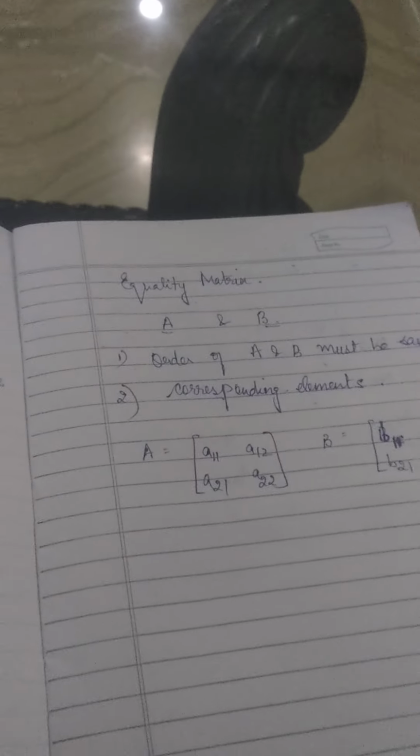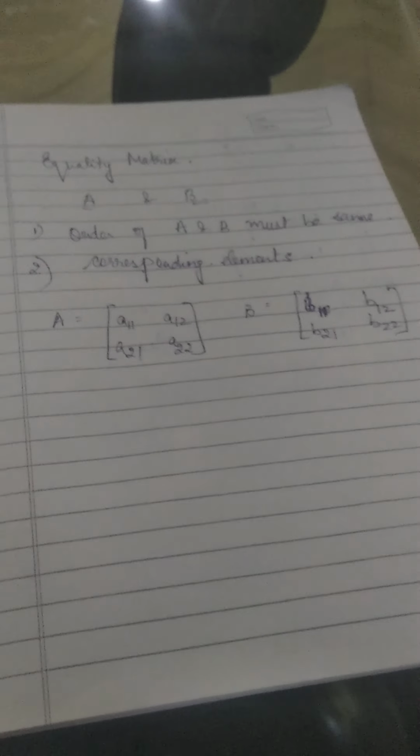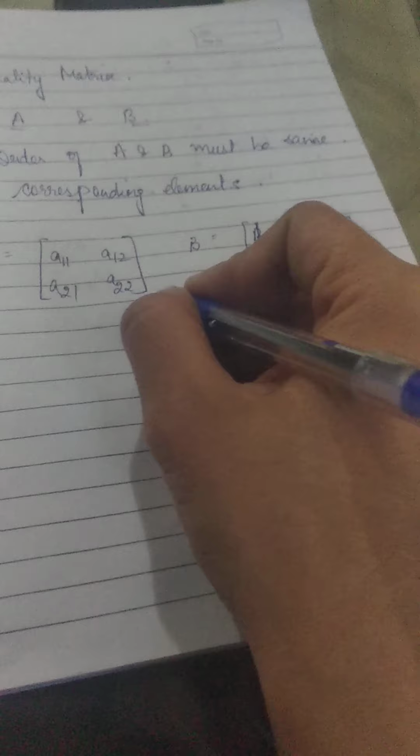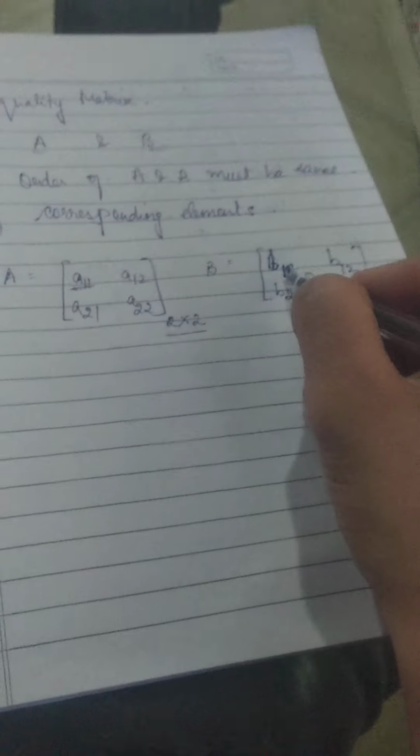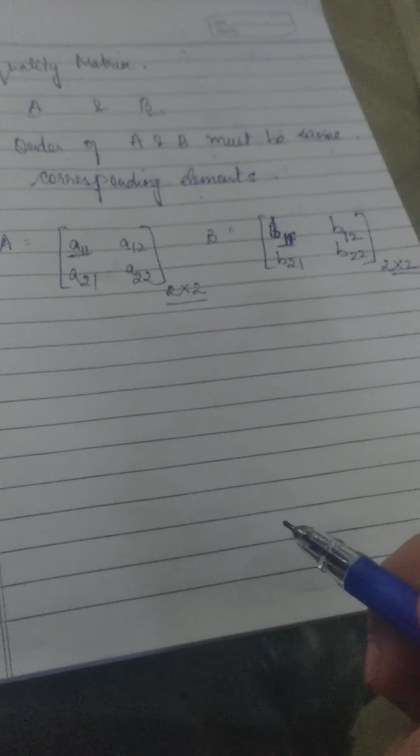Remember, our very first condition, that is, the order of matrix A and the order of matrix B must be the same. So as we can see, the order of A is 2 by 2, the order of B is also 2 by 2. So the order of both the matrices is the same, and their corresponding elements must be equal.